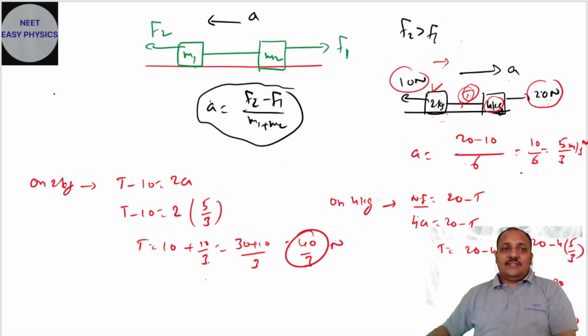So like this you can calculate however many problems they give. After writing 20 minus 4A, T is equal to 20 minus 4A. So 20 minus 4 into 5 by 3, and you will get 40 by 3, the same answer. Please cross check.